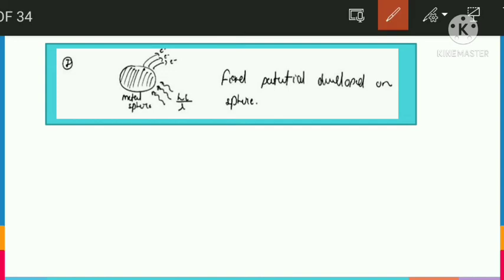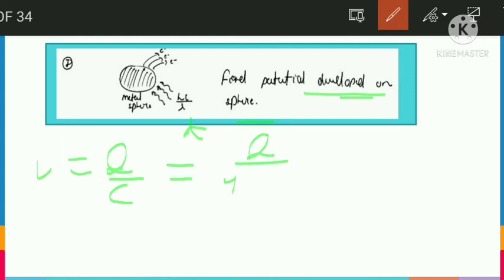Yes friends, I think this is the second last question. We have to find the potential developed on the sphere when light with energy hc by lambda falls on it. So friends, I think I have covered a similar question previously. We know one relation: V equals Q by C, where C is the capacitance, and capacitance we know is 4 pi epsilon naught into R, where R is the radius.